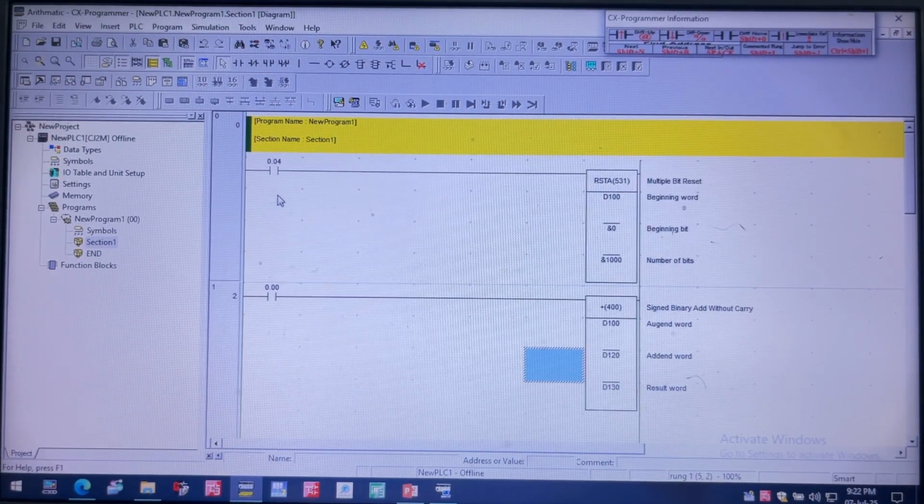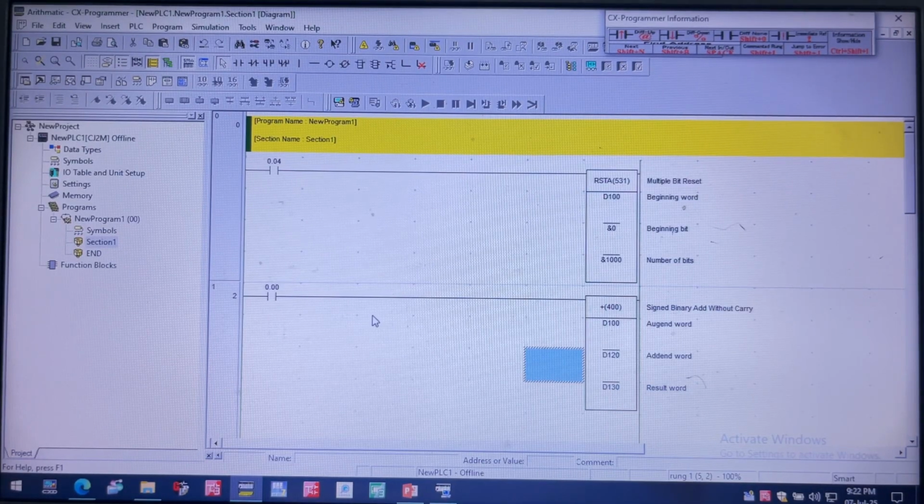This input 0.04 is used with the RSET instruction, which resets data registers, starting from D0 to D1000. Here the input 0.00 is on, and it adds the value in D100 and the value in D120, that is D100 plus D120, and the result goes to D130.